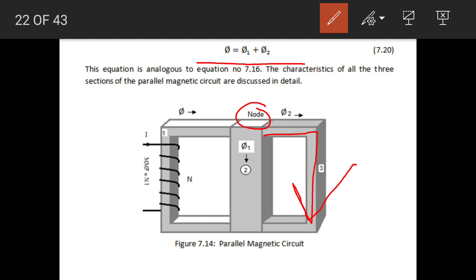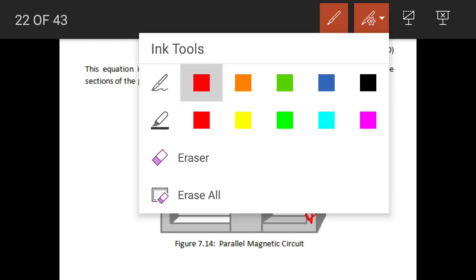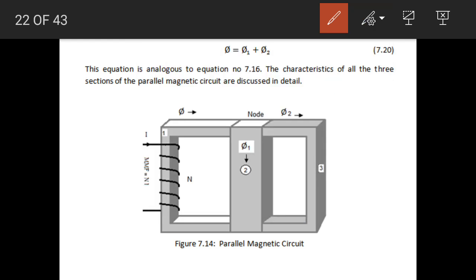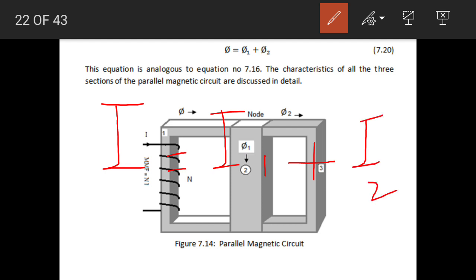The total magnetic flux in this particular circuit will be equal to phi 1 plus phi 2, and equation number 7.20 is analogous to this particular equation. The total current in the given electrical circuit was equal to I1 plus I2.